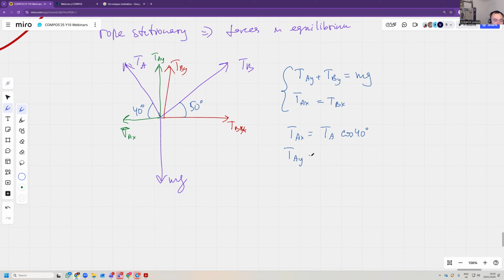TAY is TA sine 40. TBX is TB cos 50. And TBY is TB sine 50.